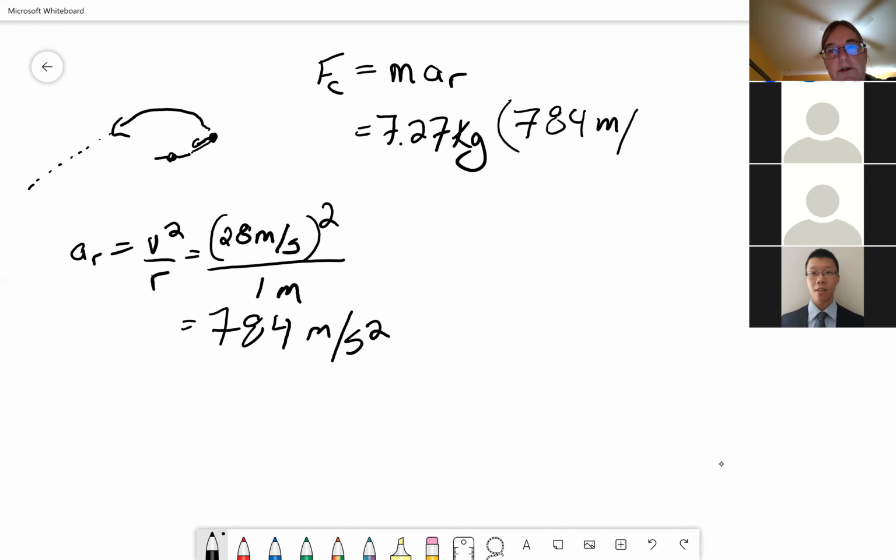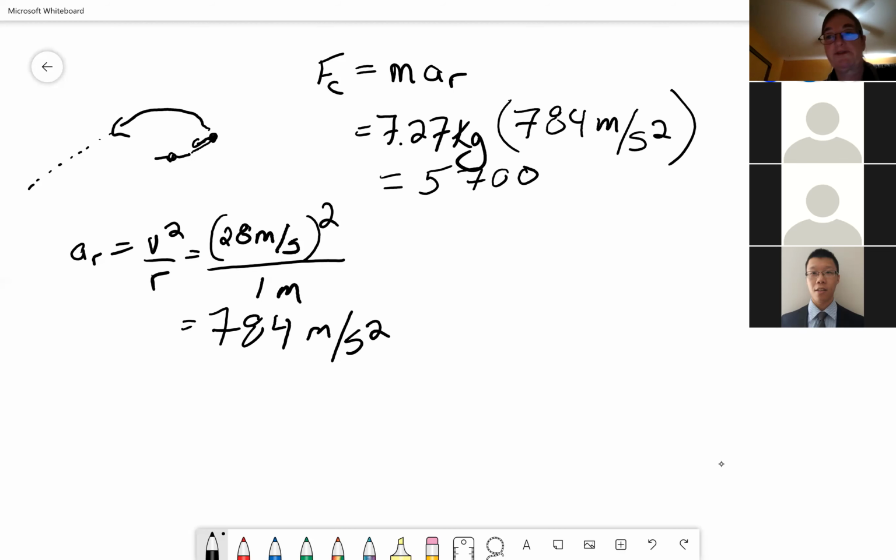So we multiply the 784 by 7.27. You get about 5,700, which is probably why it goes with 5.7 kilonewtons, which would be 5,700 newtons. Good. So there you go. Which again is equal to 5.7 kilonewtons.